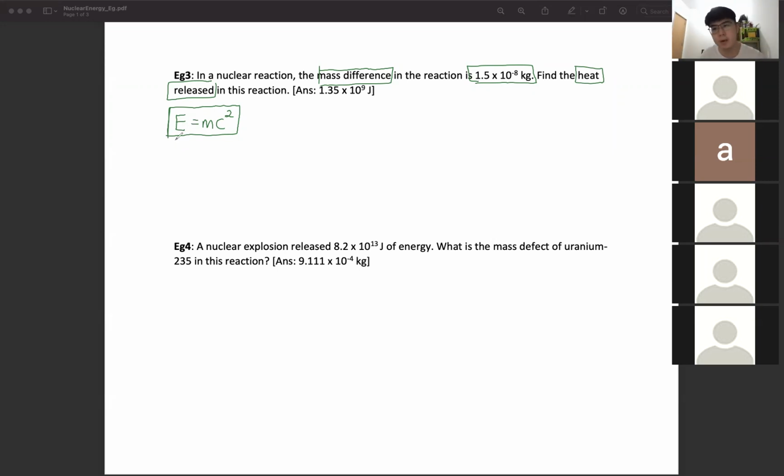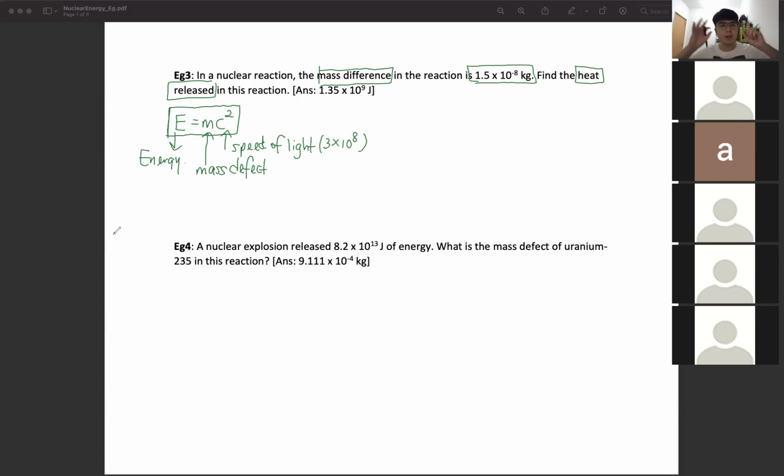This formula simply tells you that whatever the mass defect, if you multiply by the speed of light in free space, that means 3 times 10 to the power of 8, you get the energy emitted. Light travels at different speeds in glass and in water, but we want it in air. This is the energy we call the nuclear energy.